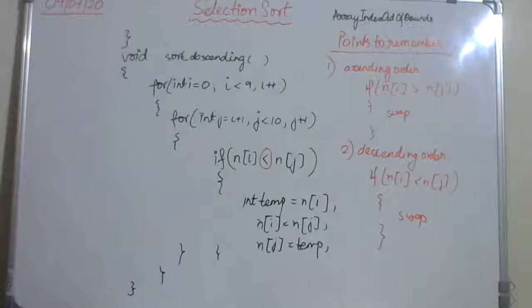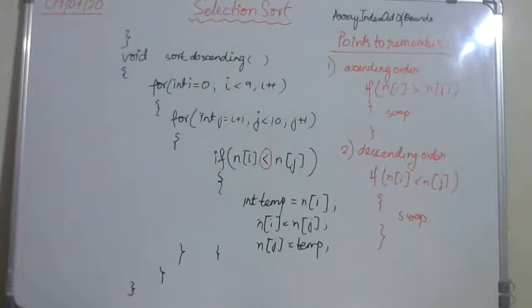For descending order, we have if n of i is less than n of j, do a swap. Remember these two points, and the rest of the thing is common for both the functions. So the only difference lies in the if statement.